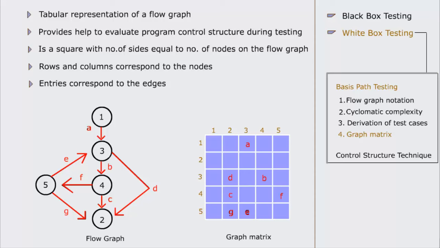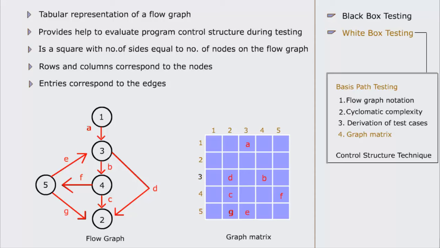In the figure, each node on the flow graph is identified by numbers, while each edge is identified by letters. A letter entry is made in the matrix to correspond to a connection between two nodes.